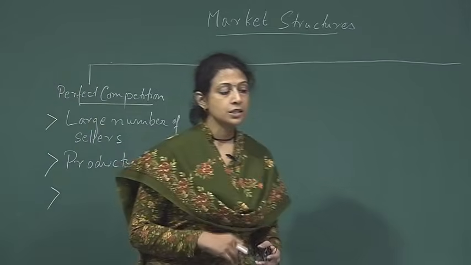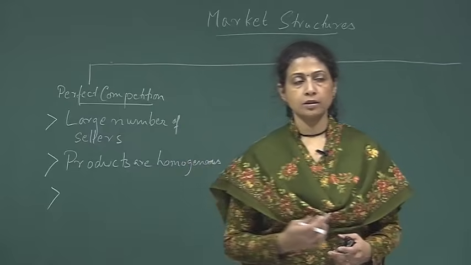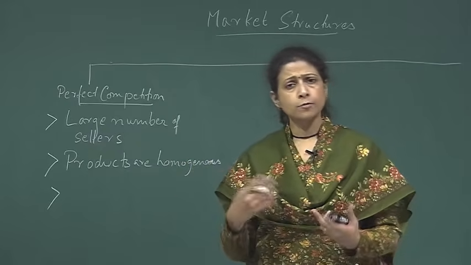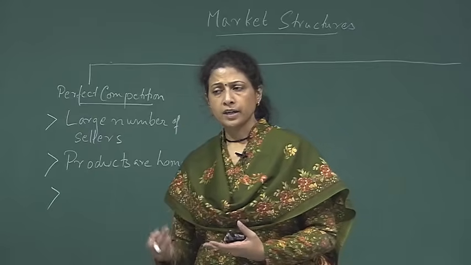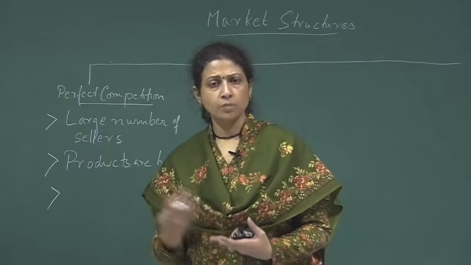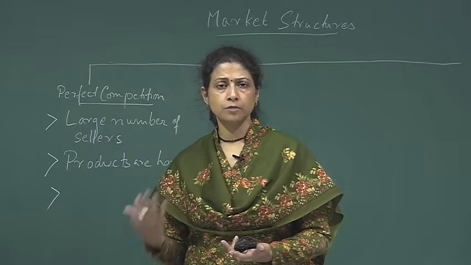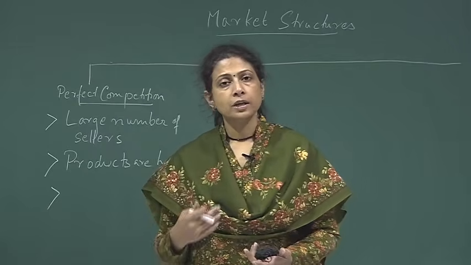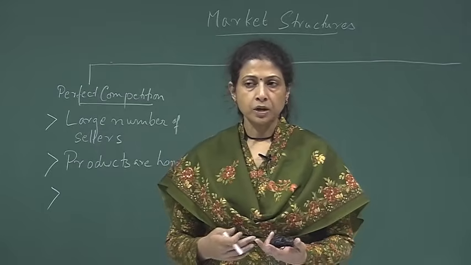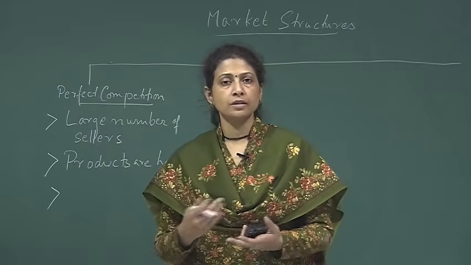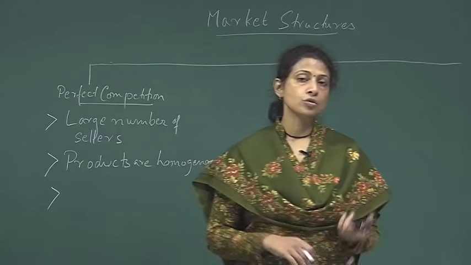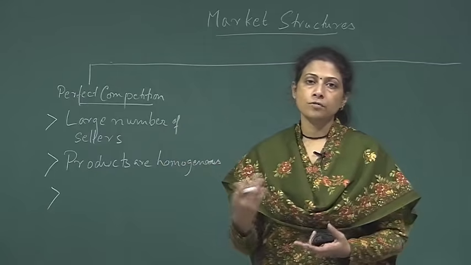And thirdly, ease of entry and exit from the market. Again, the example of agricultural products, basically farm products. It's not very difficult to enter this market. If someone wishes to grow vegetables or food grains or do farming, it's not something very difficult to do. There is no very high barrier of entry, and similarly there is no very high cost of exit from the market.